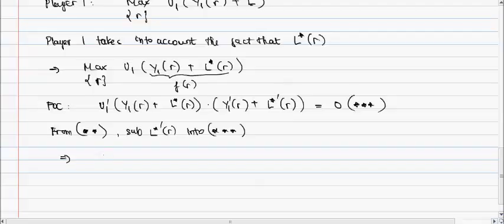We are going to get U1 dash. Instead of writing everything inside the bracket over again, I will just put a dot.